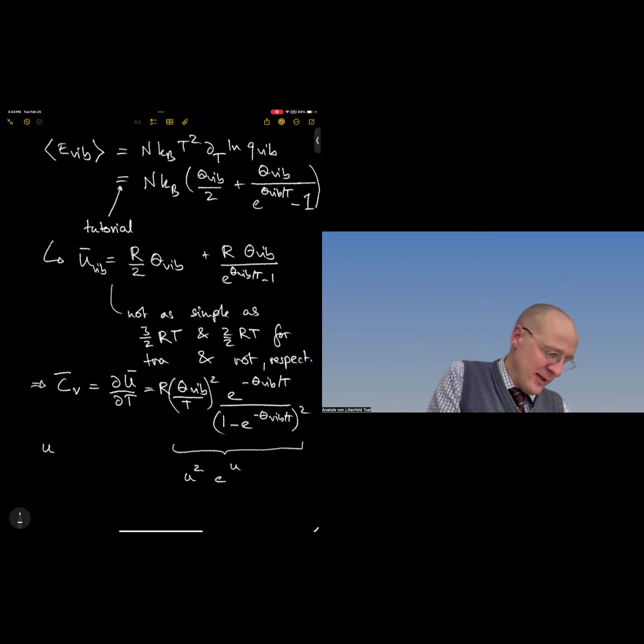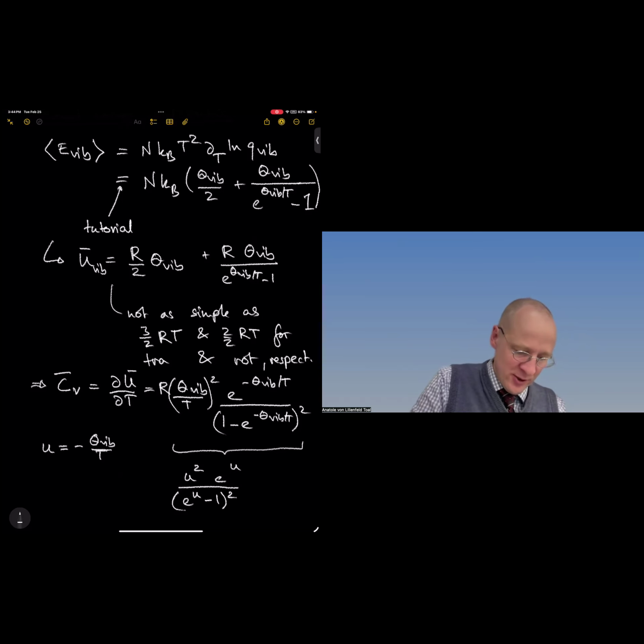So write u equals minus theta vib over T. Then you see here u squared e to the u divided by e to the u minus 1 squared.